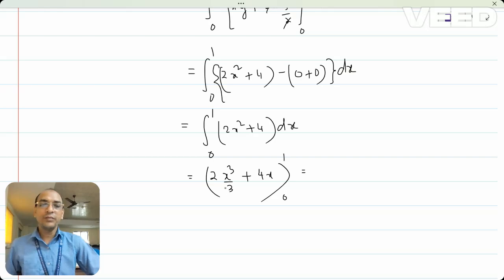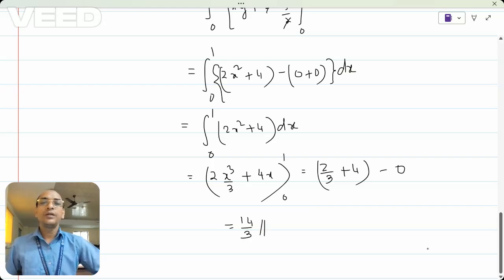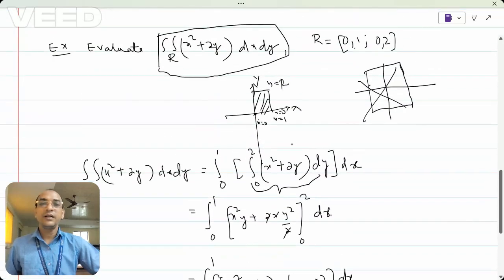If I put x equal to 1, I will get the upper limit 2 by 3 plus 4. And if I put x equal to 0, I will get 0. So finally what I will get is 3 into 4, 12, plus 2, 14, so 14 by 3.